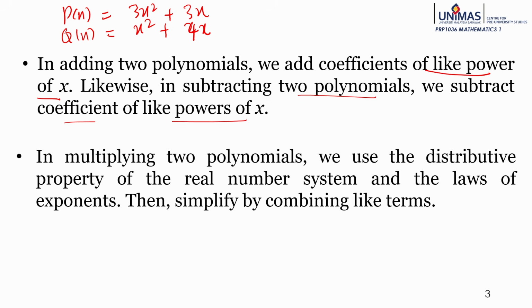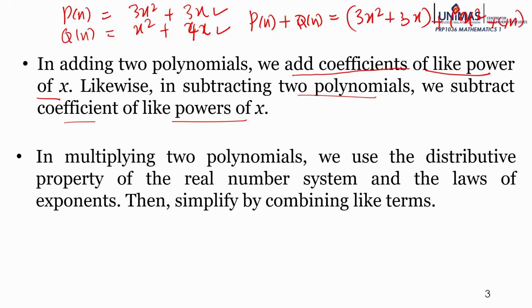If we have P(x) plus Q(x), that means addition here. So we have this one plus this one: 3x squared plus 3x, plus x squared plus 4x. Here we add coefficients of like powers of x.